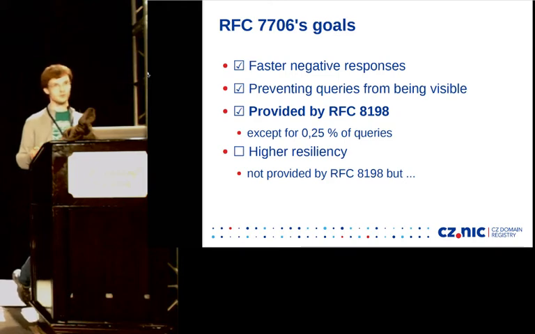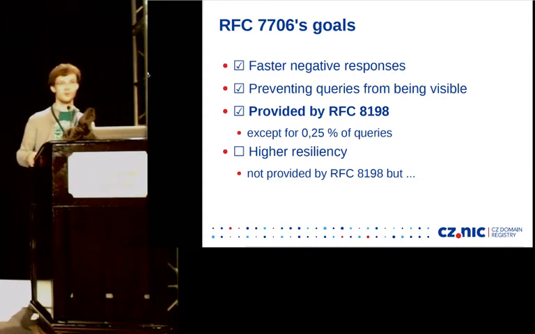We have seen that on the graph, and it is definitely preventing queries from being visible. The caveat is that these improvements are not available for all the queries, but there is 0.25% of queries which don't get this benefit because we have an empty cache or the cache expires.